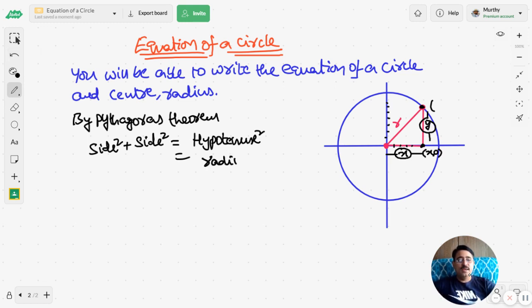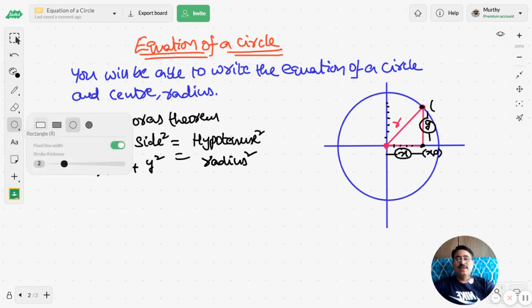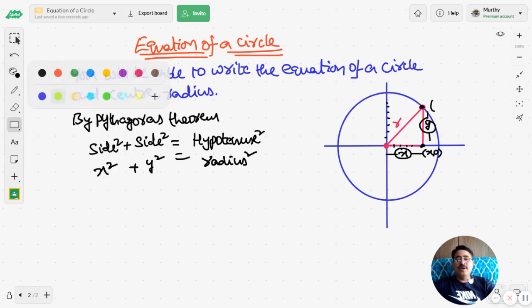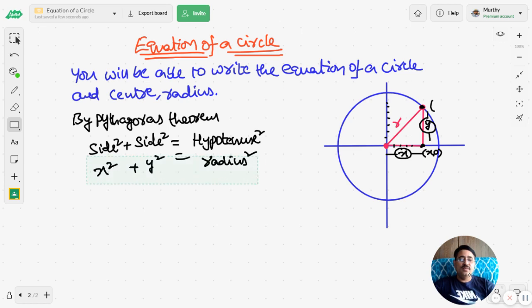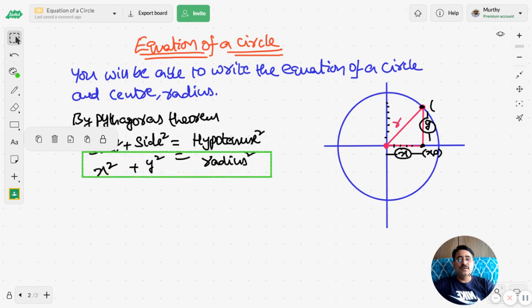So radius square equals the horizontal distance x square plus the vertical distance y square. Therefore, this is the formula or condition if the center is the origin. If the center is the origin, then we use this rule or formula to write the equation.